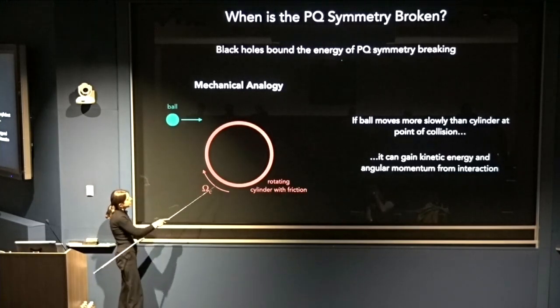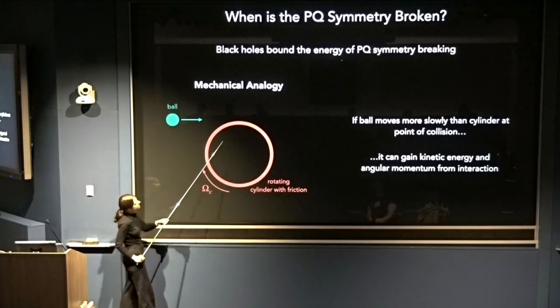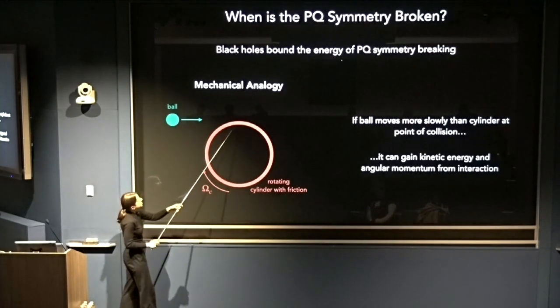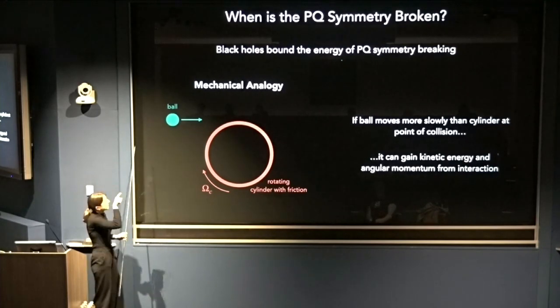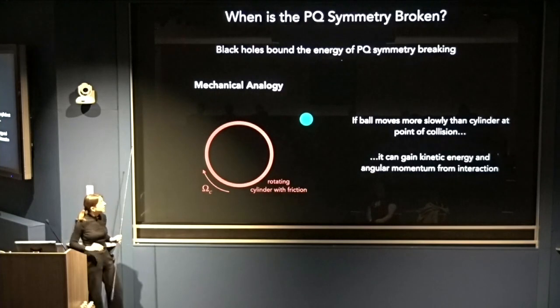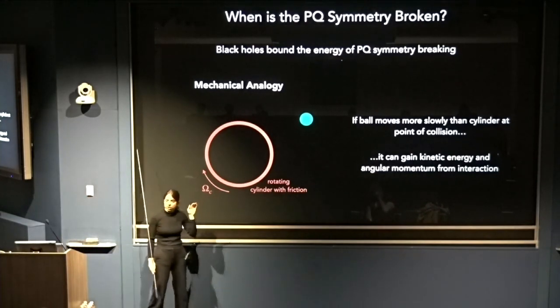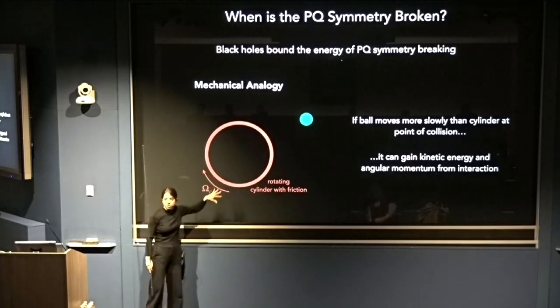If this rotating cylinder is moving faster than the ball when the ball hits it, then it can give a little energy kick to the ball so that the ball speeds up as it flies away. And that ball essentially gains kinetic energy and angular momentum from its interaction with that rotating cylinder.